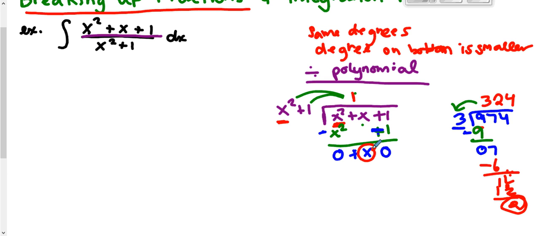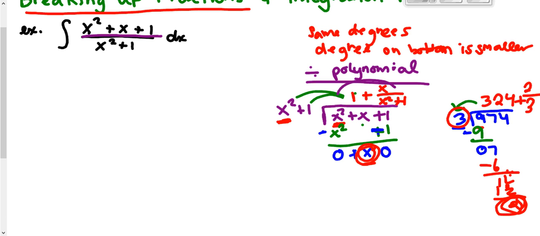Here, my remainder is x because I cannot multiply x squared by anything to get x. I would have to divide, and I can only put multiplying things on top. So our remainder for a number, we would write 2 over 3. So plus 2 over 3. Here, we're going to have plus x over x squared plus 1.